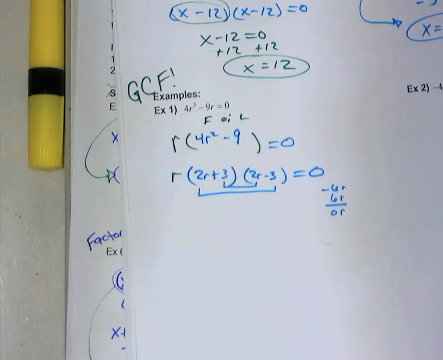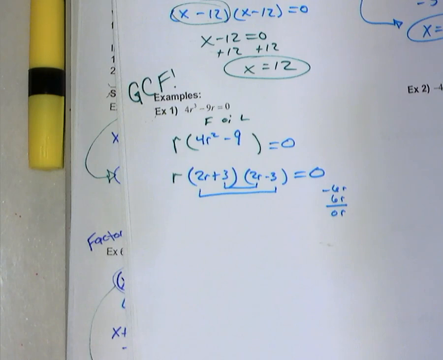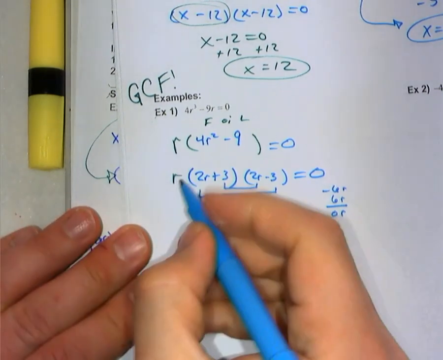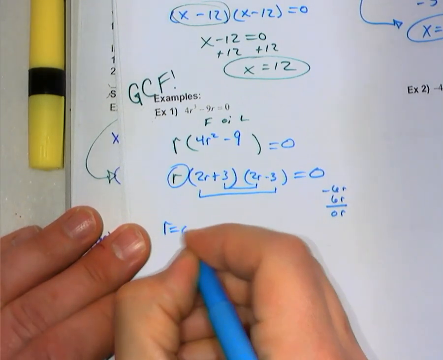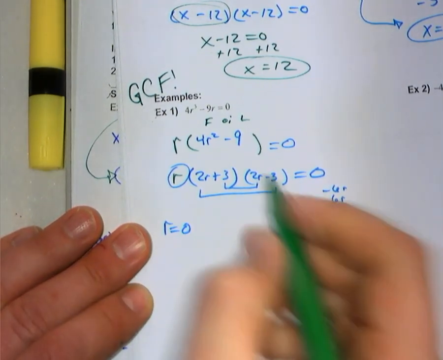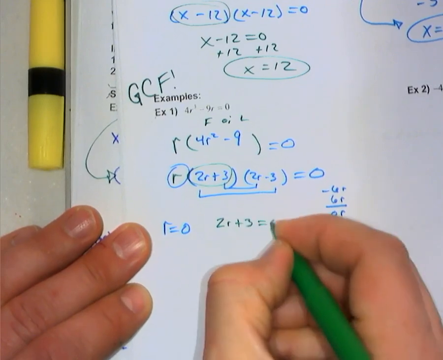Now again, the zero product property says we have to set each of these factors equal to 0, and then we can solve. Even this r right in front, we set equal to 0. This one, 2r plus 3, we set equal to 0.